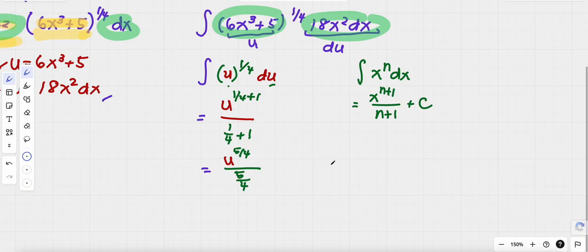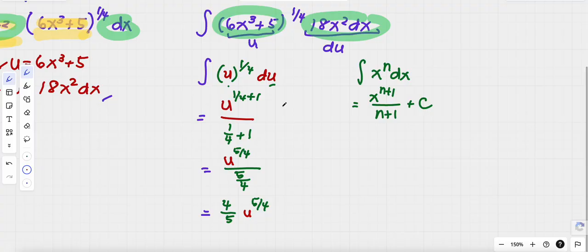We're not yet done. So we write this as 4 over 5 u to the 5 over 4. Sorry, this should be red. Alright, now this is already the integral of u to the 1/4 du.